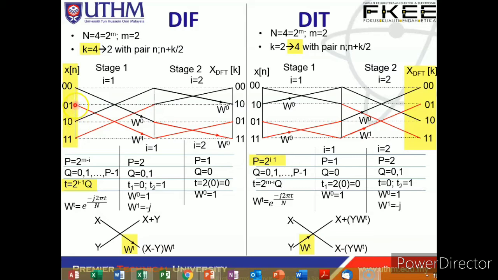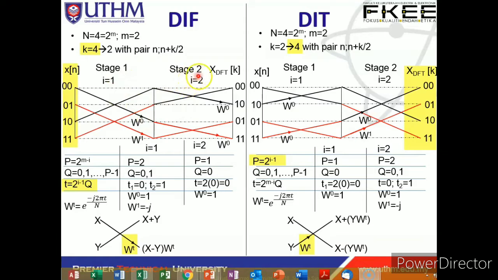Next we have 1. So 1 plus 4 divided by 2, we will have 3. So this 1 will be paired with x3. Okay, so this is why we need to know about k, because we will need to do the pairing of the points of even and odd index.